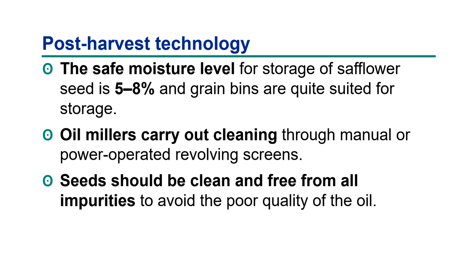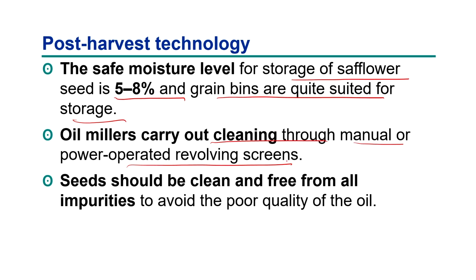Now post-harvest technology. The safe moisture level for storage of safflower seed is 5 to 8%, and grain bins are quite suited for storage. Oil millers carry out cleaning through manual or power-operated revolving screens. Seeds should be clean and free from all impurities to avoid poor quality of the oil.